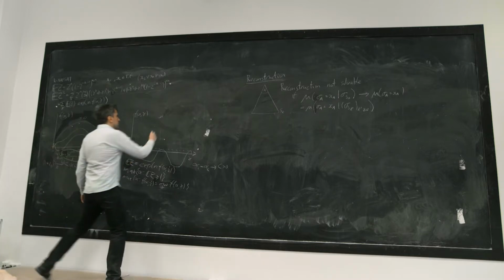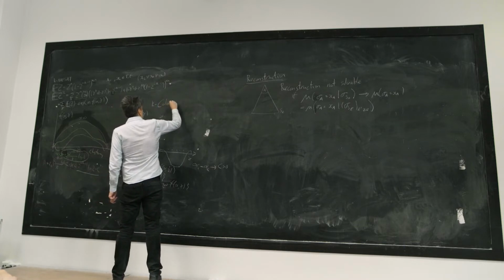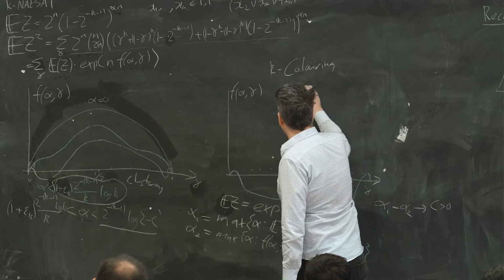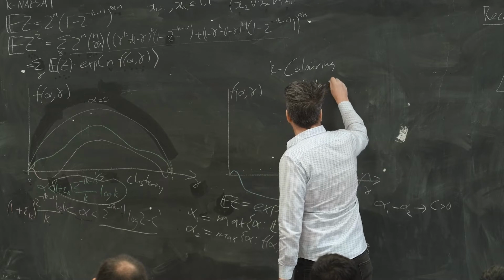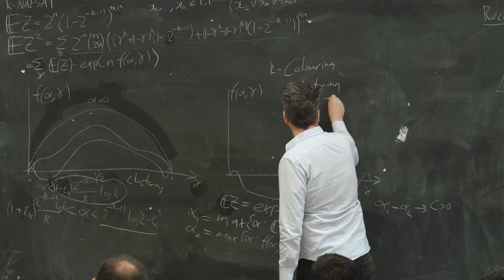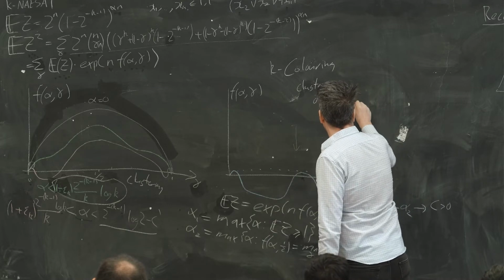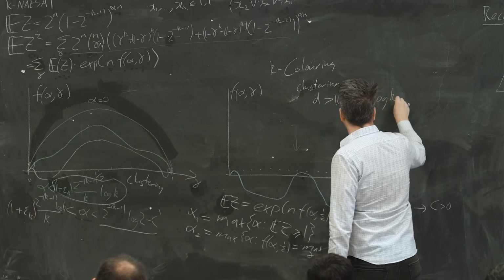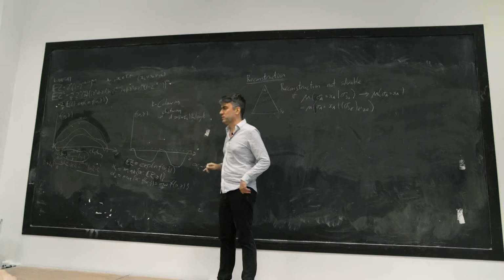So if we were looking at k-coloring, and again, I'm going to think of k as being big, then we would get clustering for d bigger than 1 plus epsilon k, times k log k. And in a moment, we'll see where this k log k is coming from.